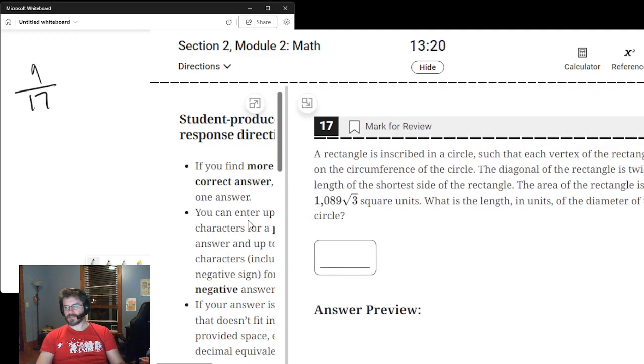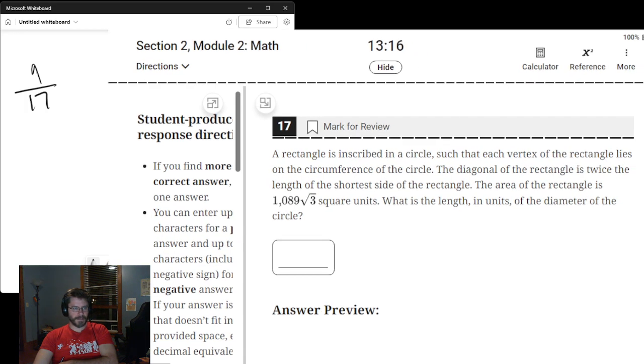Okay. We got our geometry question again. Make sure you guys can read that. Rectangle, circle, vertex, rectangle. Okay. A rectangle inside of a circle, such that, ooh, I cannot draw today. Let's start that over.